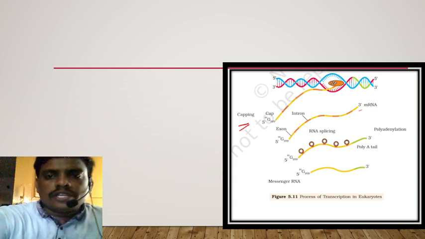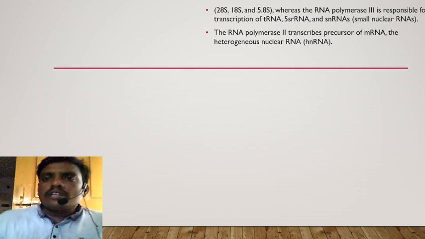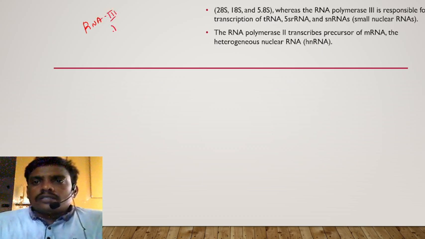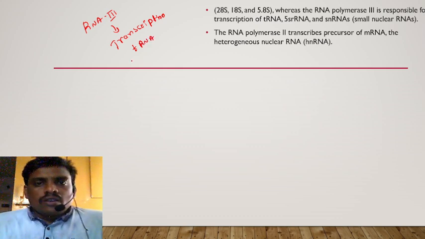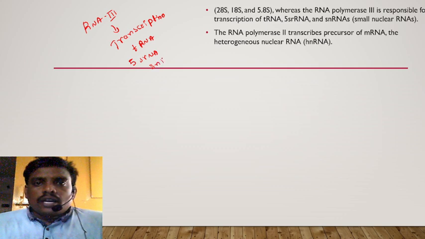Transcription moves from one end to the other. RNA polymerase 3 is responsible for transcription of tRNA, 5sRNA, a type of rRNA, and snRNA, small nuclear RNAs.